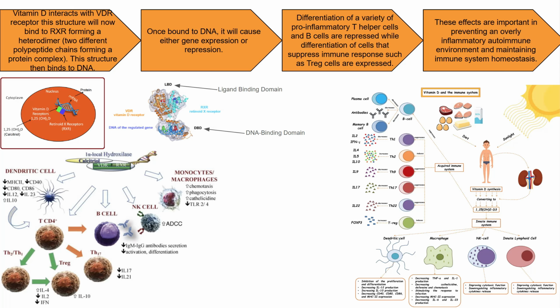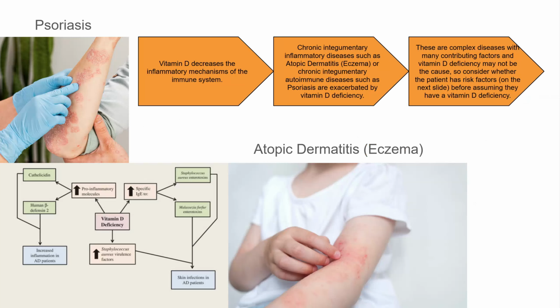This structure then binds to DNA. Once bound to DNA, it will cause either gene expression or repression. Differentiation of a variety of pro-inflammatory T helper cells and B cells are repressed, while differentiation of cells that suppress immune response, such as Treg cells, are expressed. These effects are important in preventing an overly inflammatory autoimmune environment and maintaining immune system homeostasis.